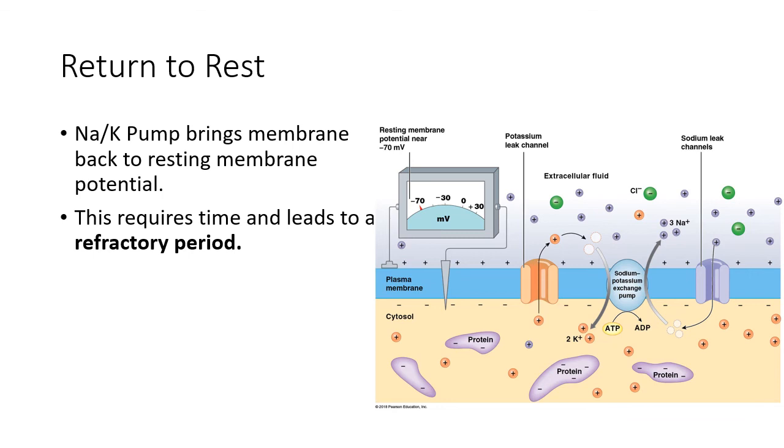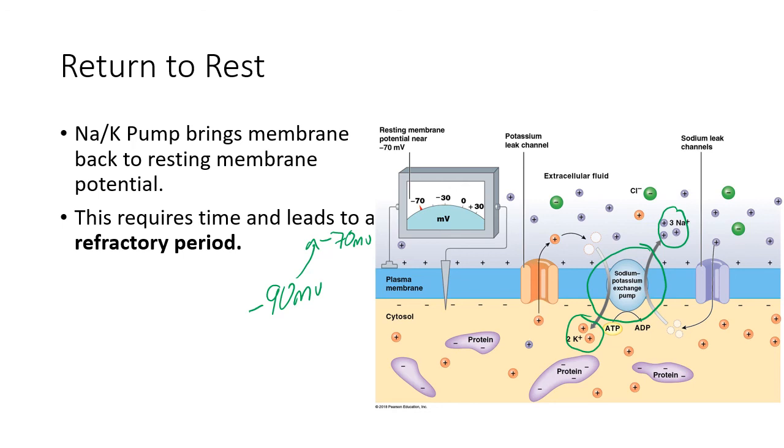So getting back to that rest point that we mentioned there, we have our sodium potassium pump. That sodium potassium pump is running. It's pumping our 3 sodiums out. It's pumping our 2 potassiums in. And this is going to take us from that negative 90 millivolts and bring us back up to negative 70 millivolts.